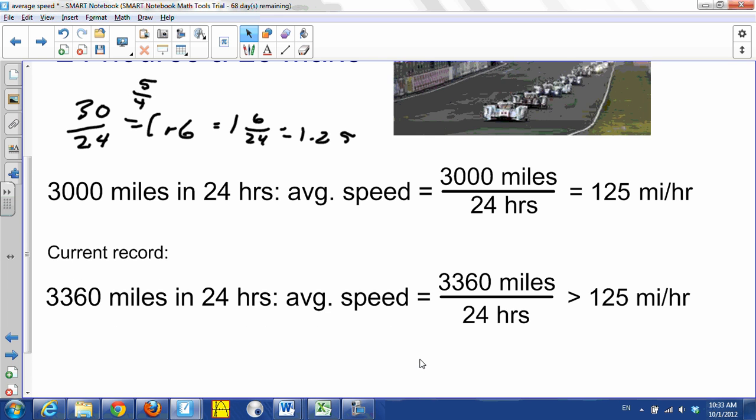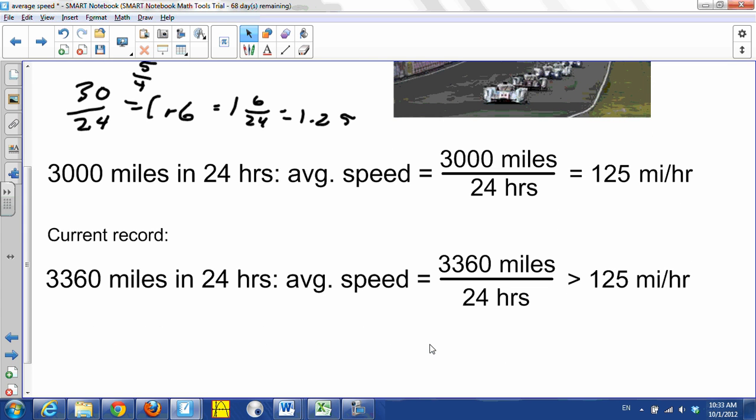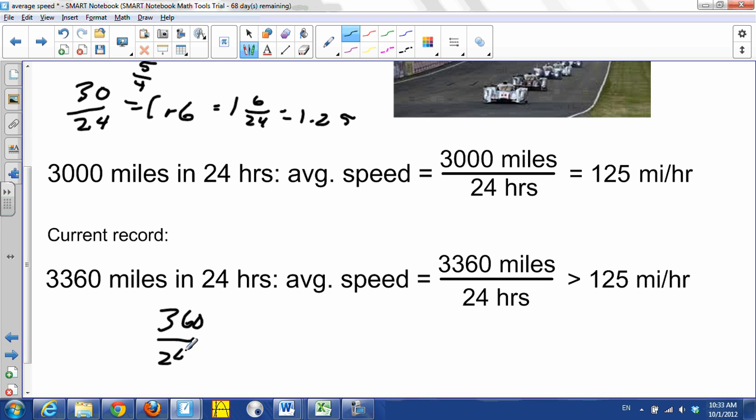Now, what the heck? A little mental math again, because it is very easy to figure out without a calculator. That number works out very nicely. I'm going to figure out how much more than 125 it is. 360 divided by 24. Well, let's consider 36 divided by 24.